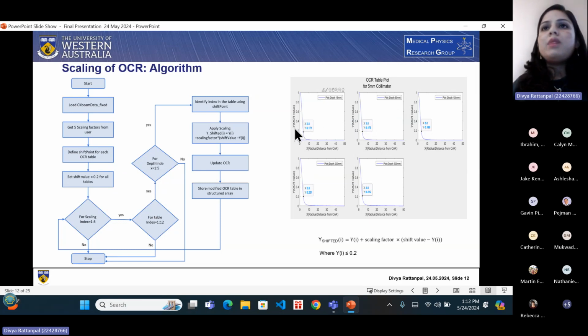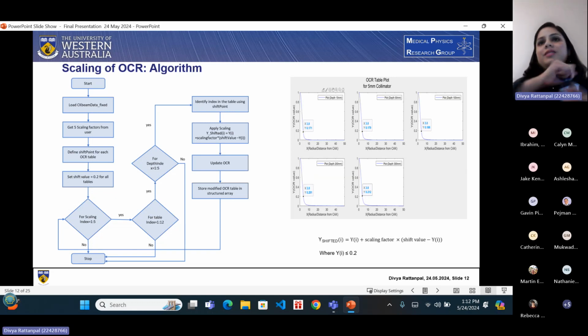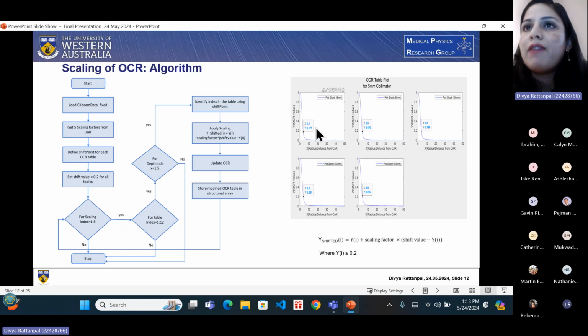To do the scaling of the off-center ratio profile, I chose 12 scaling points for the 12 off-center ratio data tables. These points have been carefully chosen. Here for a 5 mm collimator, the scaling point X value is 3.8.